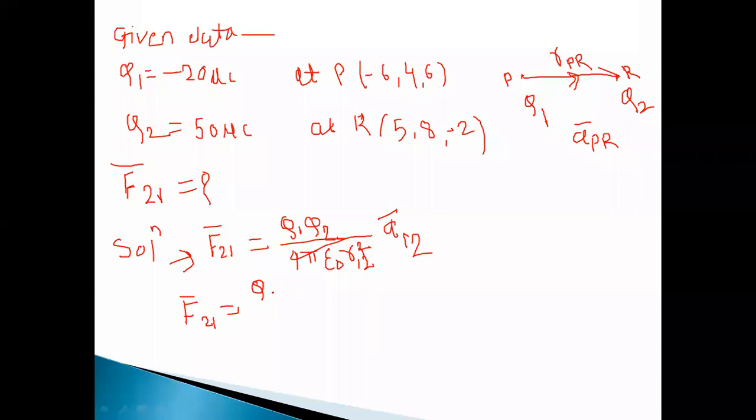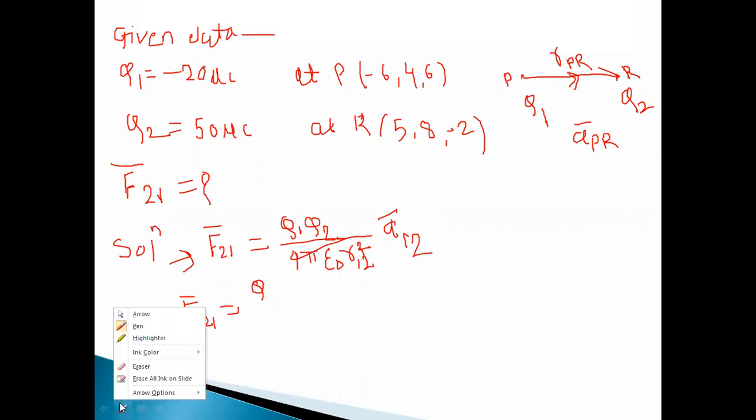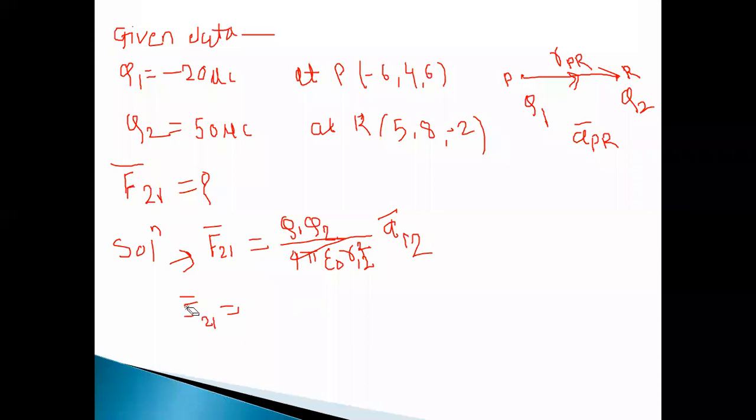I'll directly write here by solving only, then you can also understand. No need to write the formula repeatedly. So here first we have to find this R12. Now this R12 is nothing but R P R.